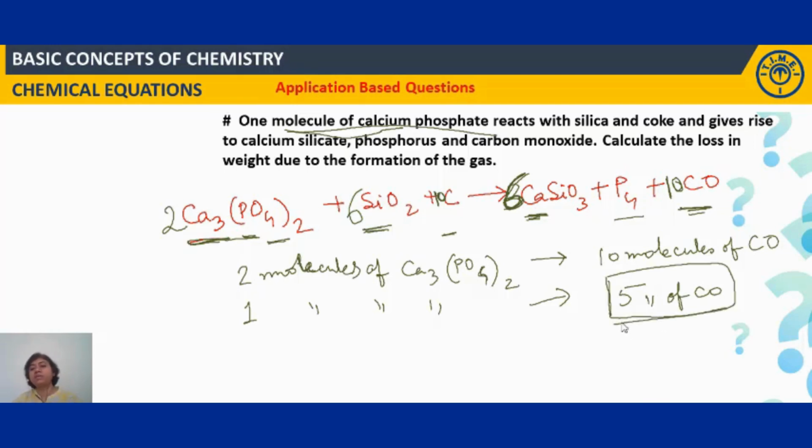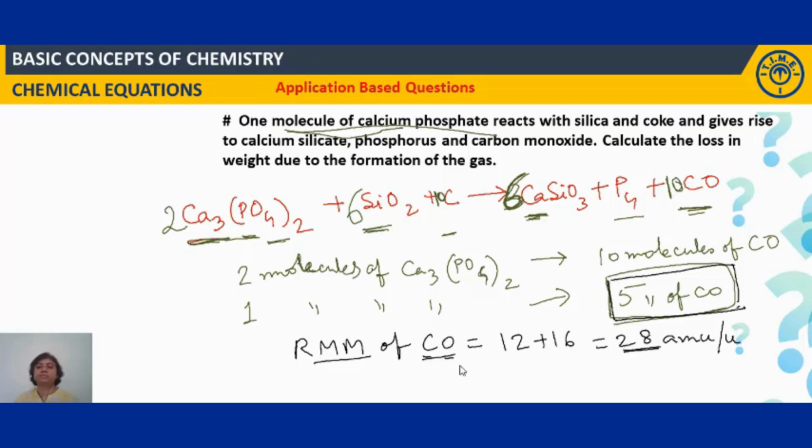Now what you have to calculate? You have to calculate the mass of 5 molecules of carbon monoxide. So how will you calculate? For that we have to know relative molecular mass of carbon monoxide. RMM of CO is 28 AMU or unified mass. That means the mass of 1 molecule of carbon monoxide is 28 AMU or unified mass.